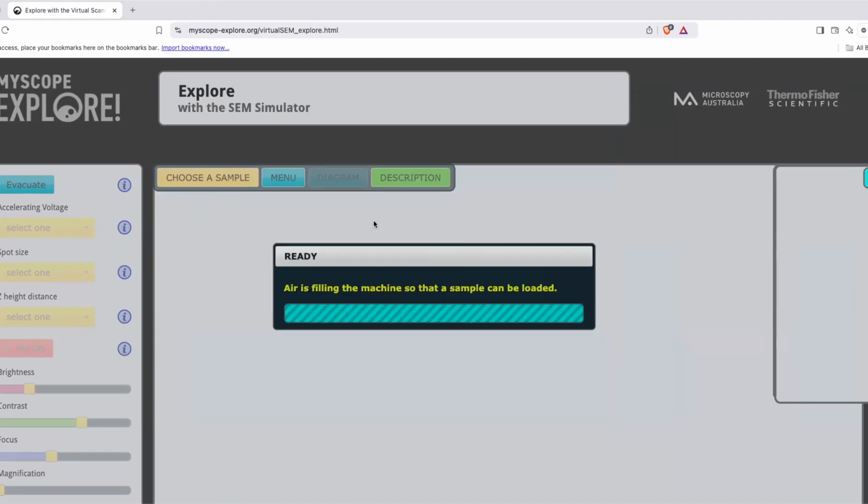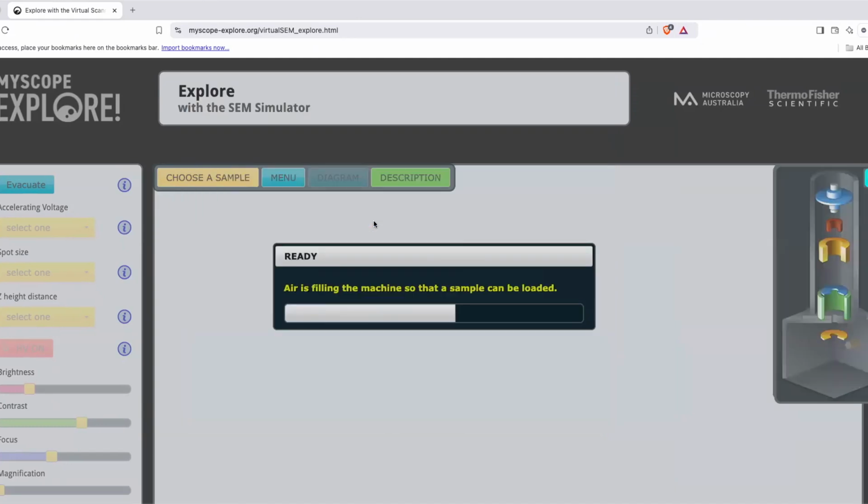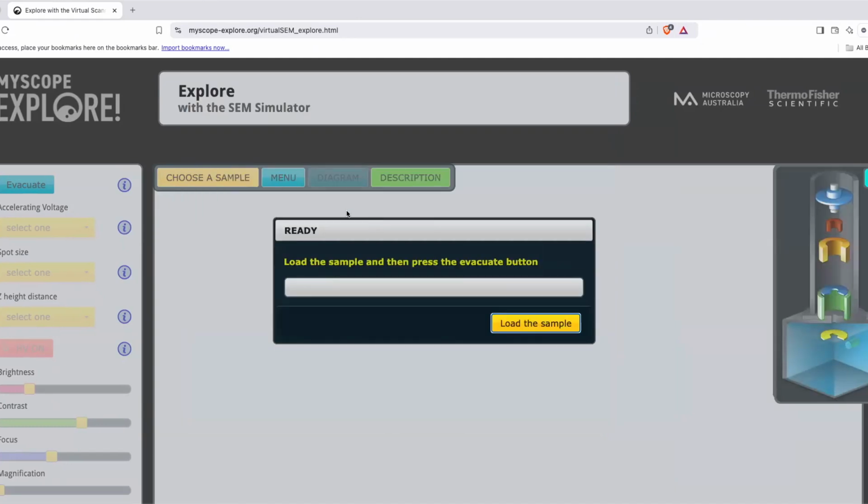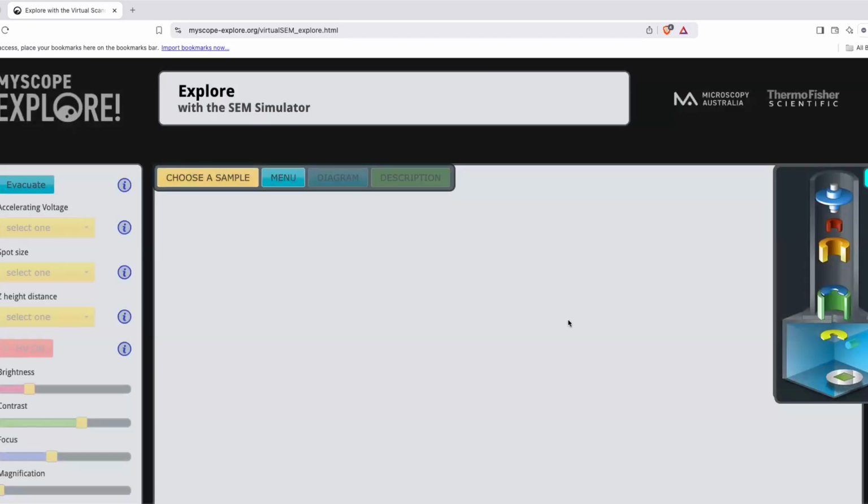So let us take this. Later on, you can practice. What you see here on the right side is a kind of schematic of what actually happens in the microscope. And now it says load the sample. You can watch here what happens when you load the sample.